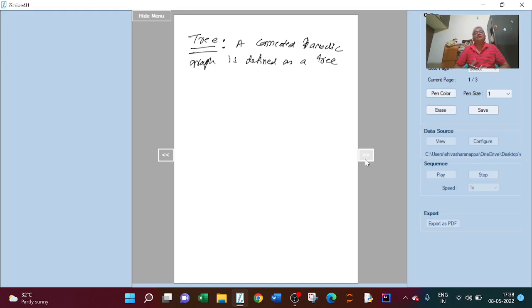Already we have defined what a connected graph is. A connected graph means every pair of vertices is joined by a path. Acyclic means having no cycles.